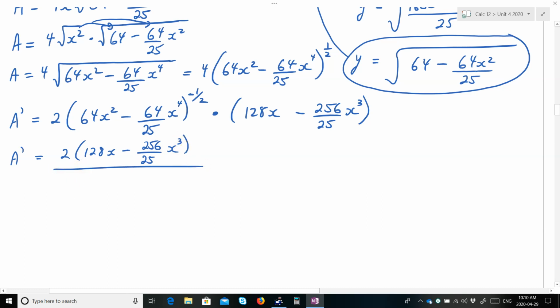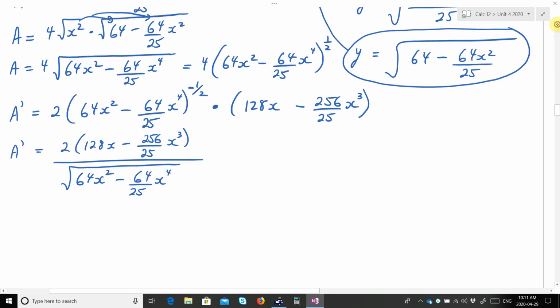And the bottom, this negative 1/2 exponent is going to flip that expression to the bottom and become positive 1/2, which is equivalent to the square root. So there's our derivative. My goodness.